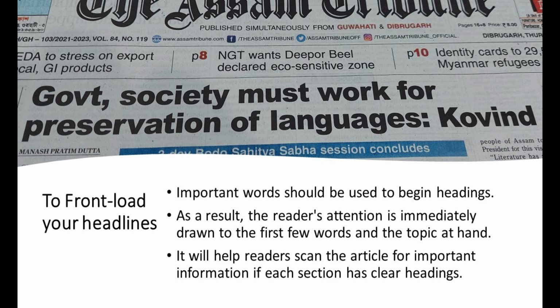When the reader reads, first he will read the headline, and if he finds something interesting in those 4 or 5 words of the heading, only then will he read the entire news. Otherwise, he will not read it. So the selection of those words is very, very important, and it is a skill.